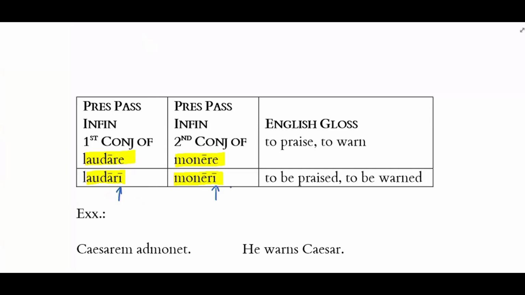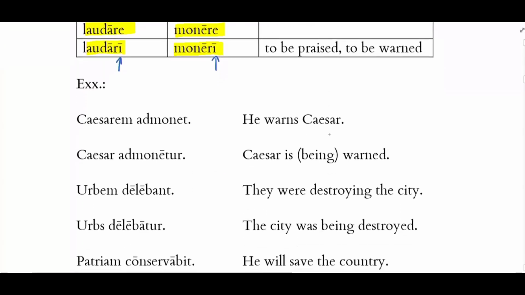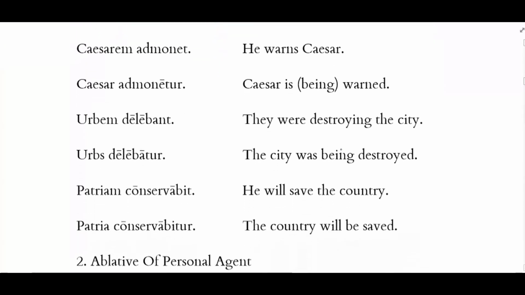All right, so let's just real quickly look at a couple of the examples from the textbook. So here we have Caesarem admonet, and Caesarem's got the accusative case ending, so he's the direct object. So admonet, he warns Caesar, okay?